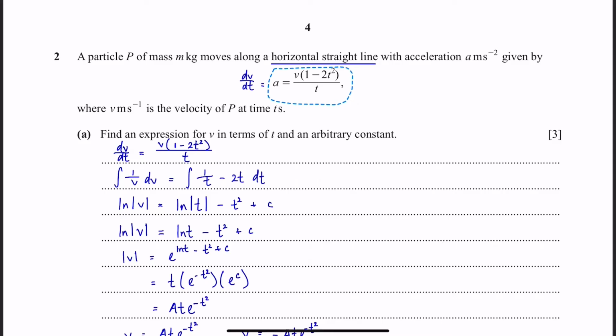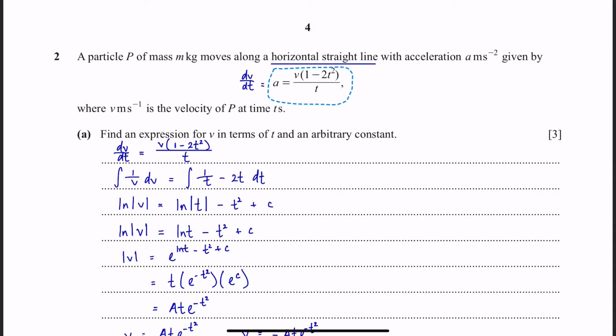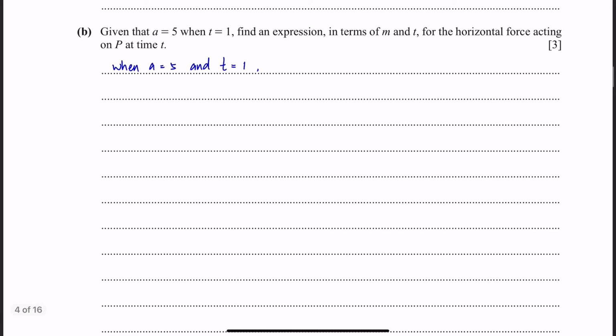Let me copy it so that we can see it clearly. Okay, so A would be 5, v would be the one that we have to find, and 1 minus 2t squared would be 2, since t is 1, over 1. So v would just be negative 5.